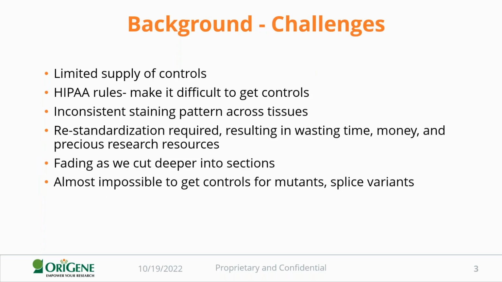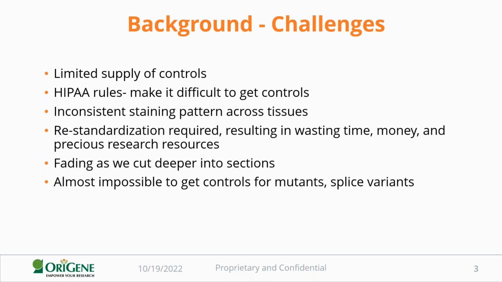As you all know, one of the critical challenges researchers in the clinical space have is finding appropriate controls, especially validated controls. And you all know there's a very limited supply of these controls. In addition, the new HIPAA rules make it really difficult and expensive to get these controls. The third is getting inconsistent staining patterns across tissues.